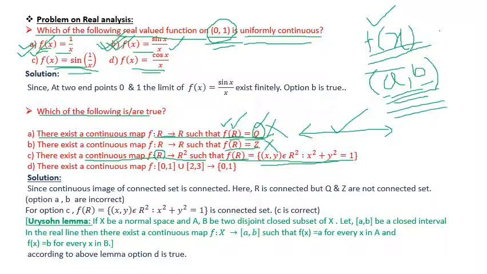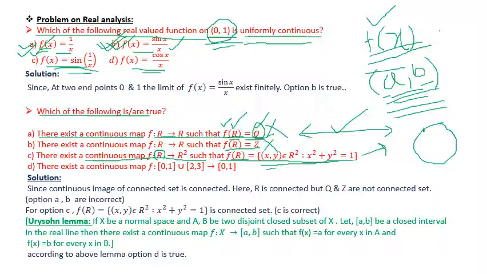So f of R represents all those points which lie on the boundary of the circle. This set represents just the points on the perimeter of the circle, right?